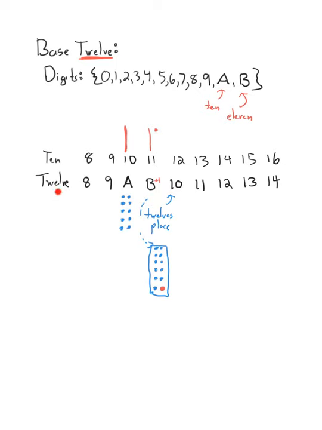The base tells me how many I need to be able to group together to make the next piece in the place value. So 1, 0 base 12 is 1, 12, so that long piece is made up of 12 ones with no ones left over. 1, 1 is a 12 with 1 left over.